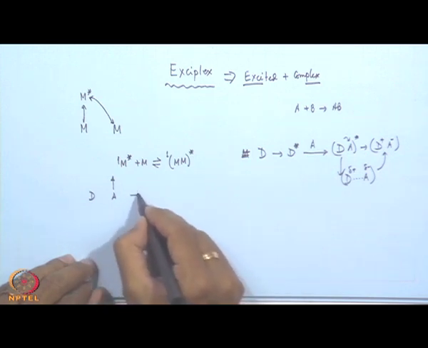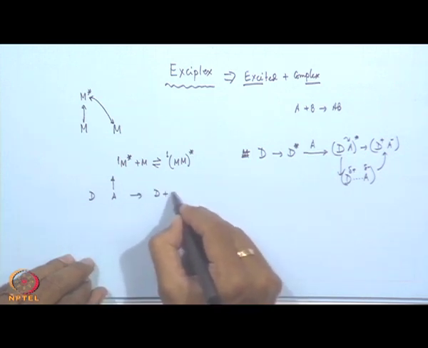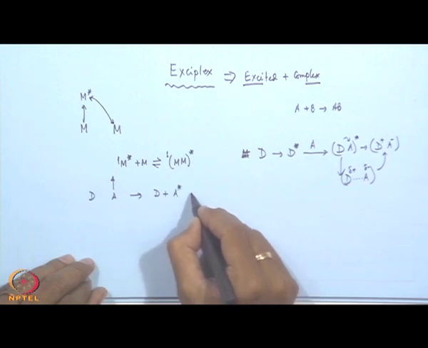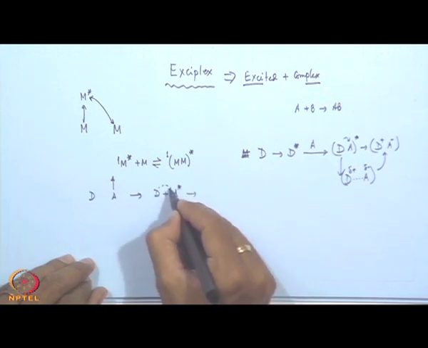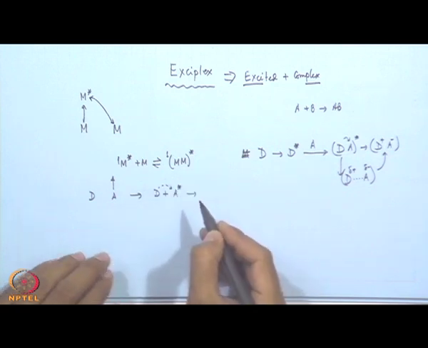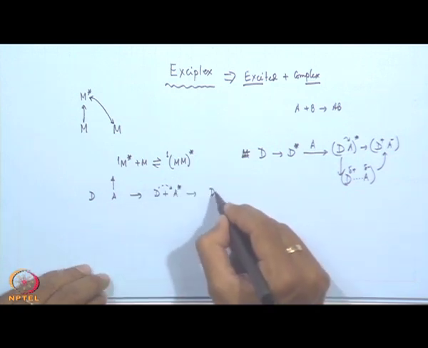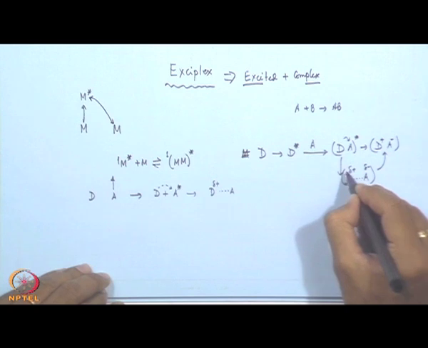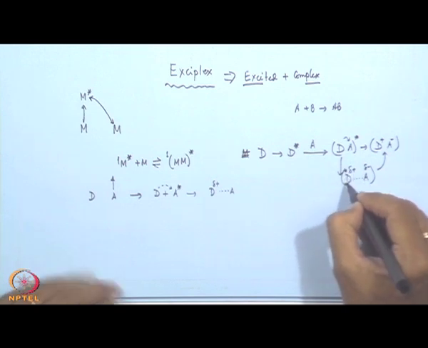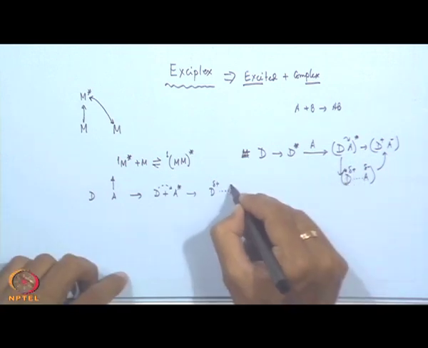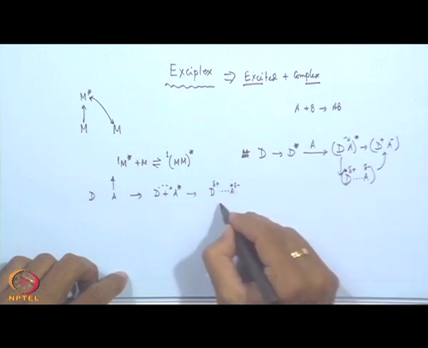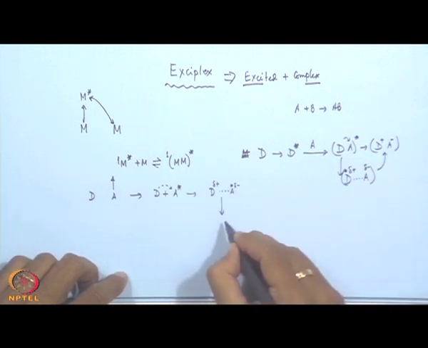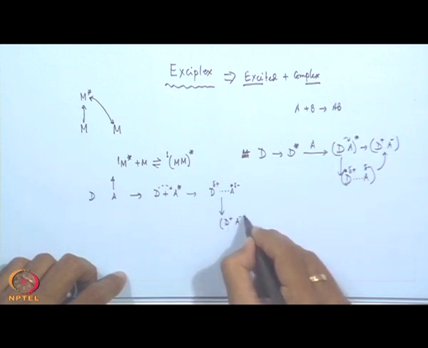So, basically you have D plus A star, then electron transfer or charge transfer interaction takes place, so that it becomes D delta plus, and here I should put a star maybe to indicate that this is the excited one, in here also delta minus, and then ultimately it gives rise to D plus A minus.